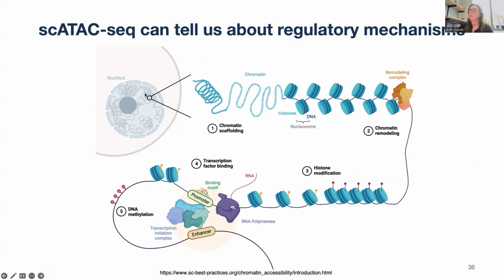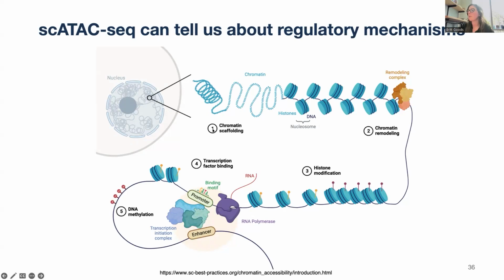But we know that DNA is arranged in the nucleus around histones, and there's a lot of other regulatory mechanisms happening that can tell you a lot about how a cell is maybe performing the functions that it is performing in a different way than just looking at transcriptomics. And so this is a nice image that's showing some of those.